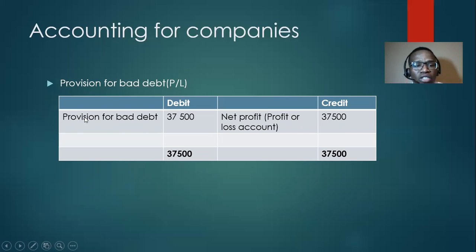You say debit provision for bad debt is 37,500. Because this one is an expense, and it does not have a closing balance, it's closed off to net profit because it's a nominal account. Remember, we said expenses don't have a closing balance because they are nominal accounts.